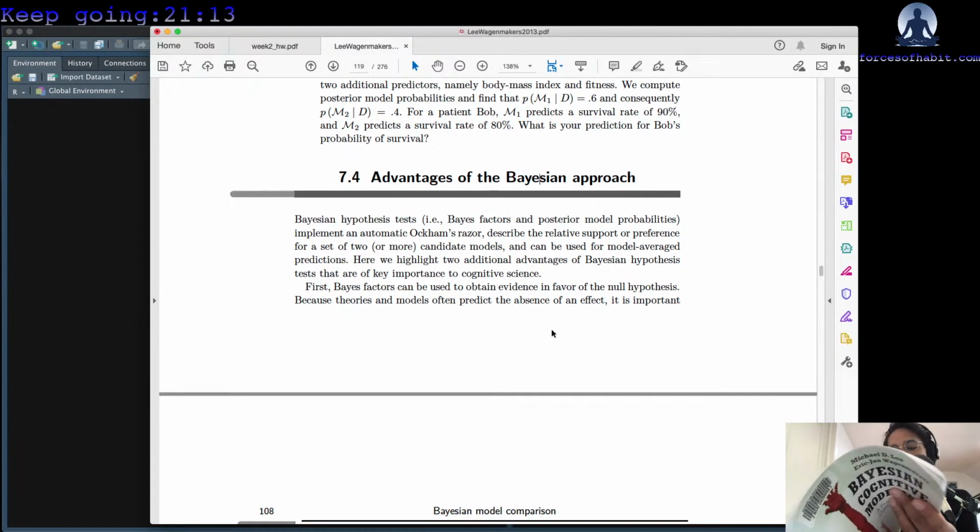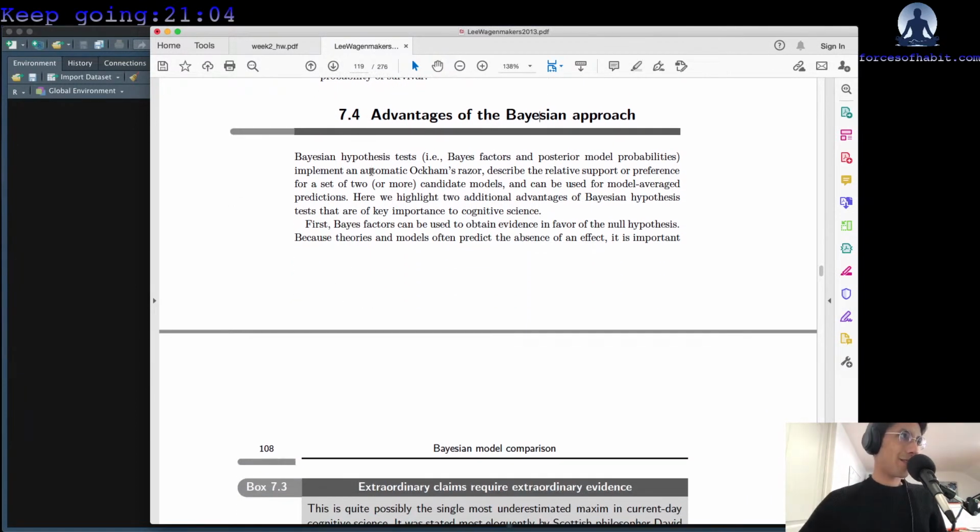Still a fairly conceptual chapter, so we're just going to highlight some of the advantages. This is almost like, why are we here? Bayesian hypothesis testing is pretty useful and important. What are the reasons? Well, Bayes factor can obtain evidence in favor of the null hypothesis.